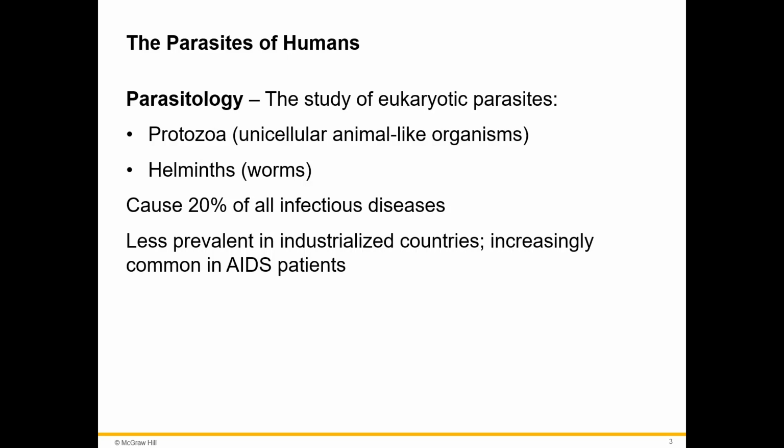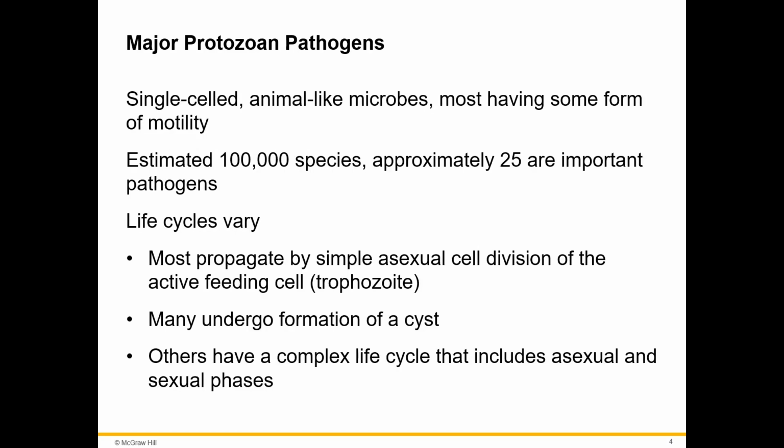They're less prevalent in more industrialized countries. However, they're more common in patients that are immunocompromised, such as AIDS and HIV patients. And protozoans are single-celled, animal-like microbes. They usually have some form of motility.